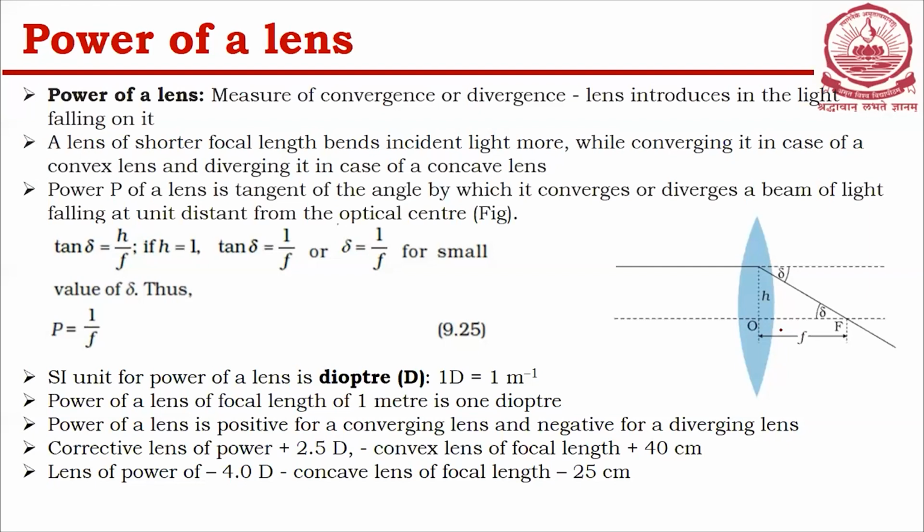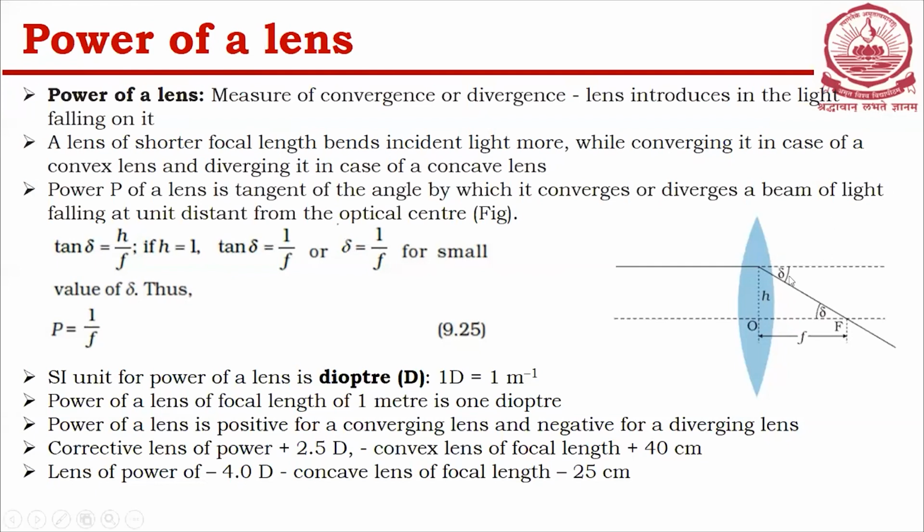The power P of the lens is the tangent of the angle by which it converges or diverges a beam of light falling at unit distance from the optical axis.